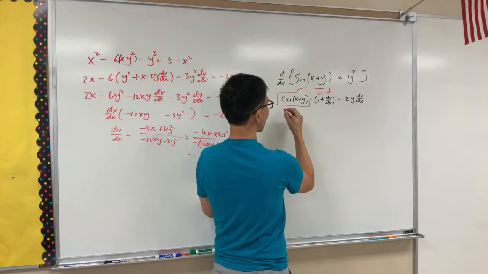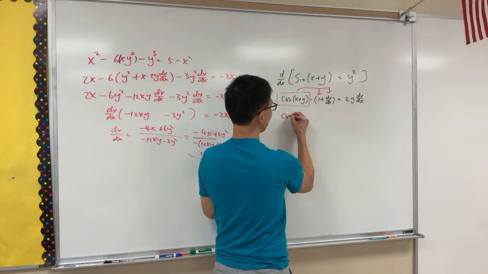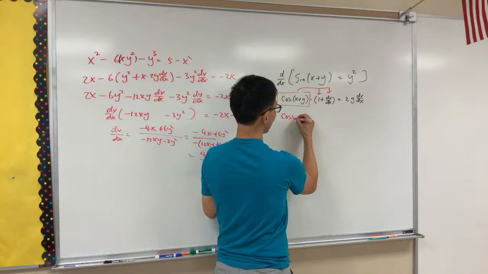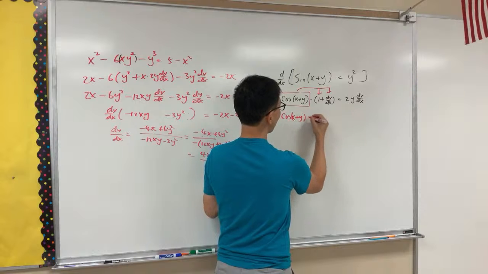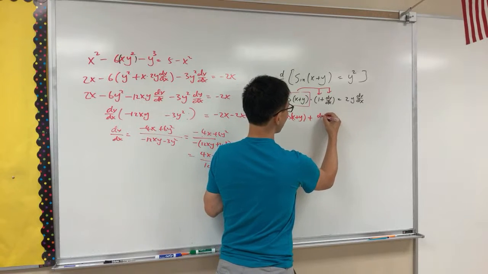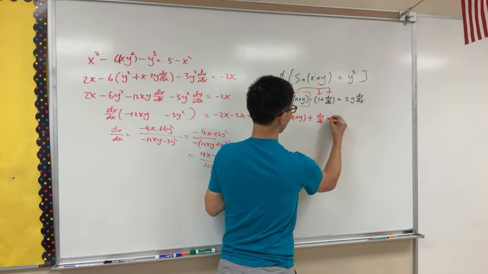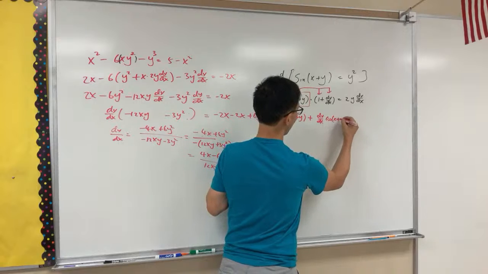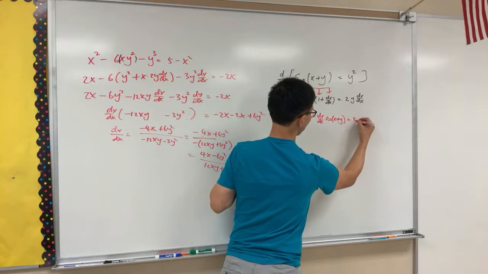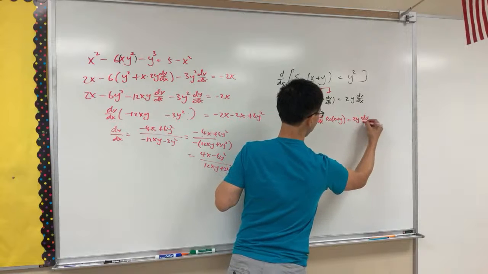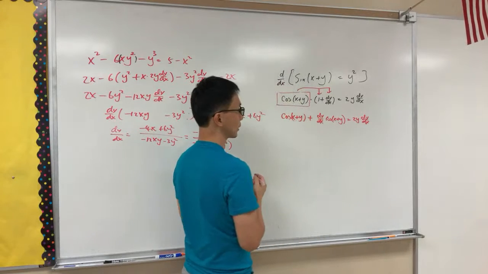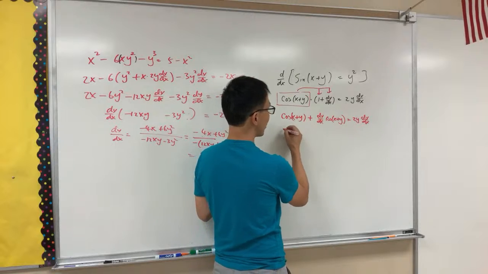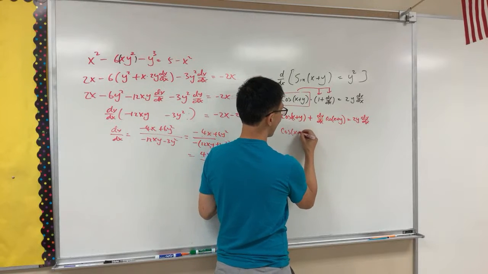So in that case, that gives me cosine of x plus y, plus dy dx times cosine of x plus y, and then it is equal to 2y dy dx. And now you can isolate, so it looks really nice.